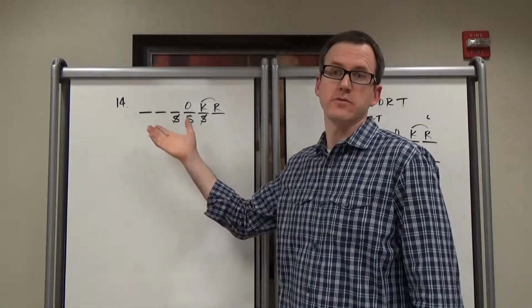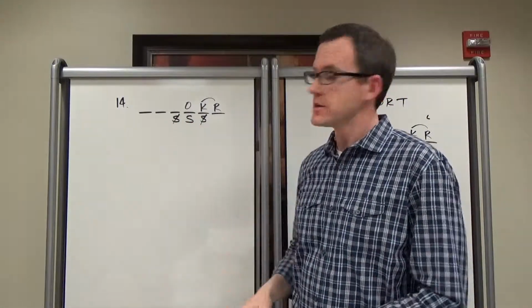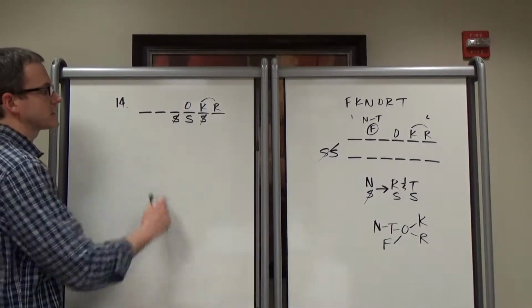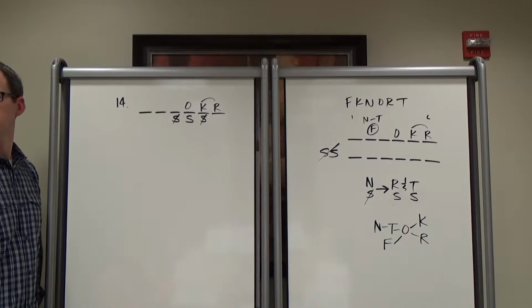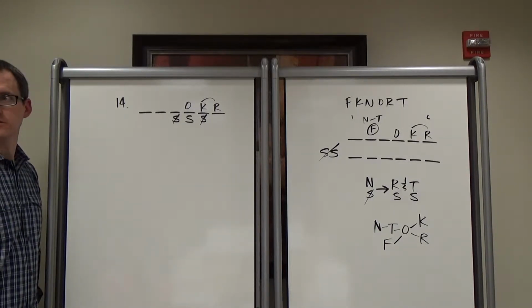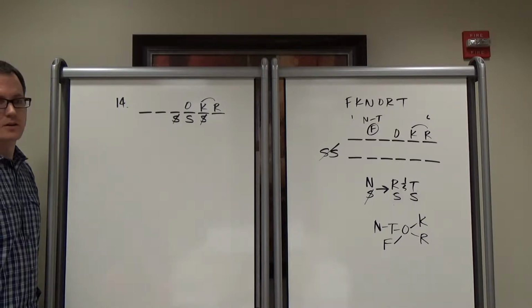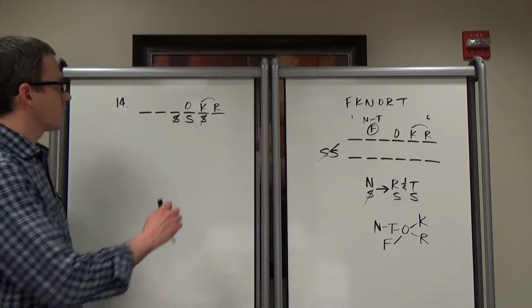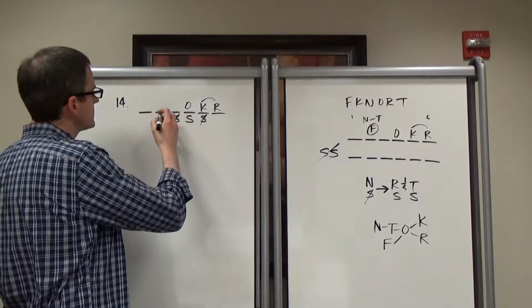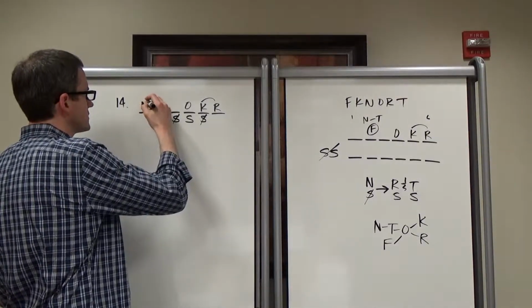Is that a problem? We'd have to play that out, right? So if N is summarized, where is it gonna go? First? First or second? Okay, so what happens if N is summarized and it goes first?